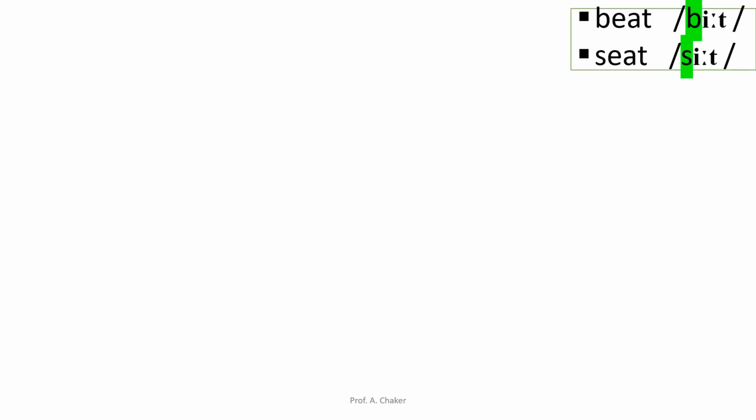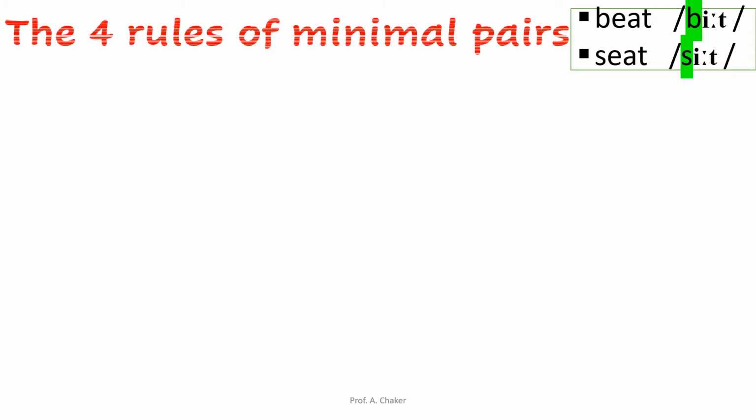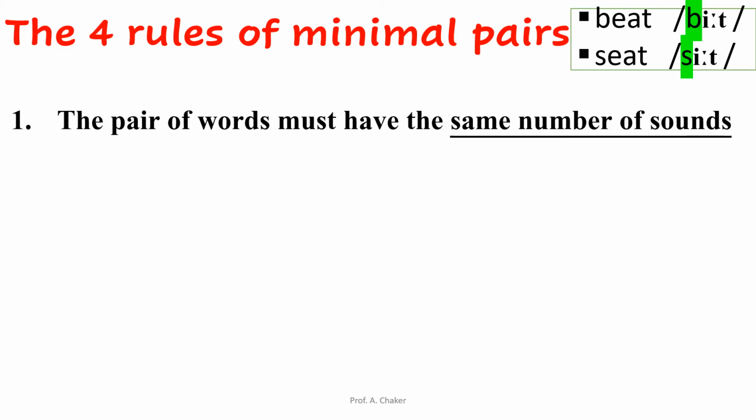To say that a pair of words is a minimal pair, this pair must respect 4 rules that are very, very important. Let us see them one by one. First, the pair of words must have the same number of sounds. Look at this example. Bit, seat. Transcription: three sounds each.